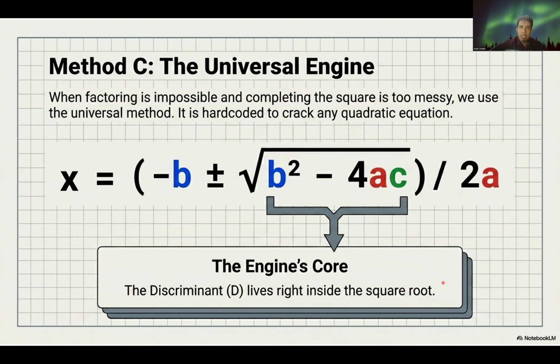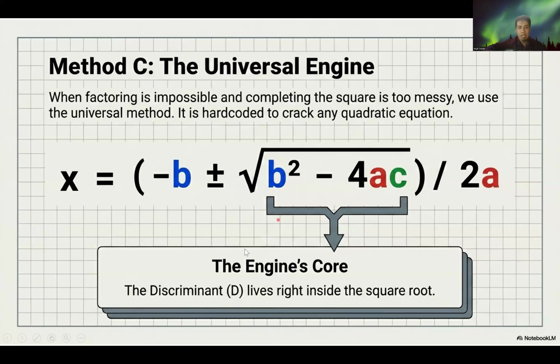We solve the quadratic equation using this formula, where x equals minus b plus or minus square root of b squared minus 4 times a times c, divided by 2 times a.